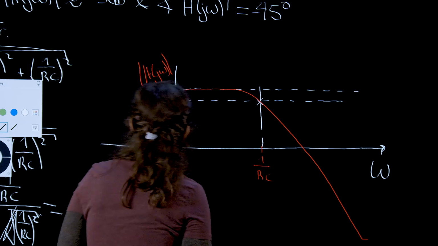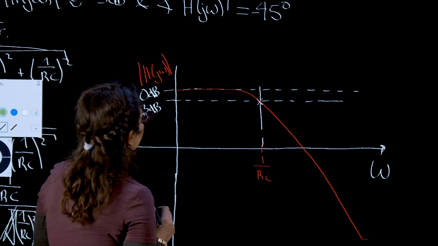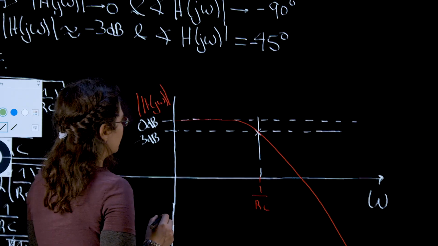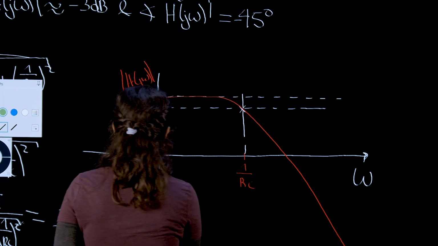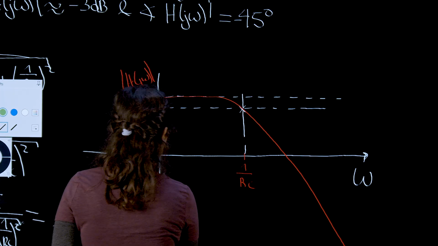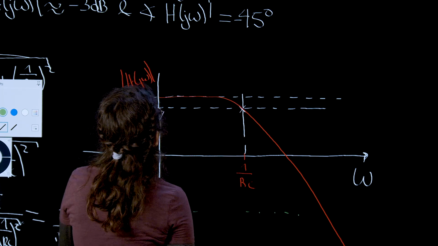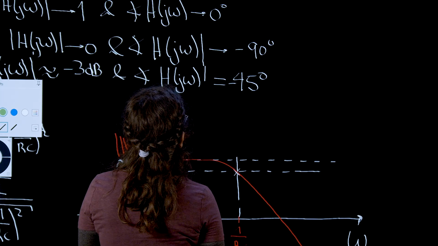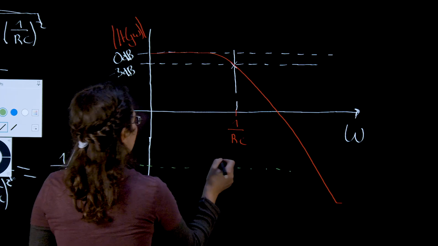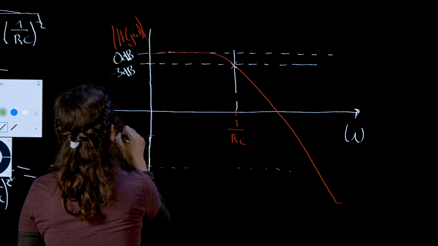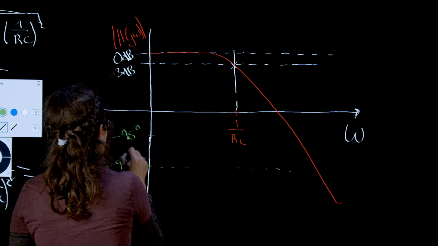And the phase, I'm going to plot in green. Let's say at this frequency minus 90 degrees, 0, exactly. So I have, let's say, minus 45 degrees here and minus 90 degrees here.